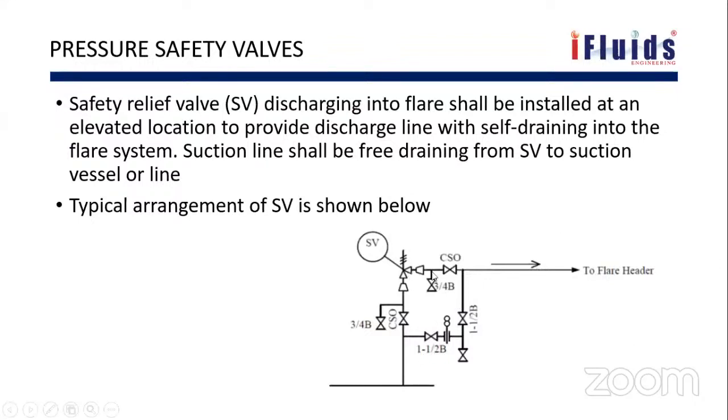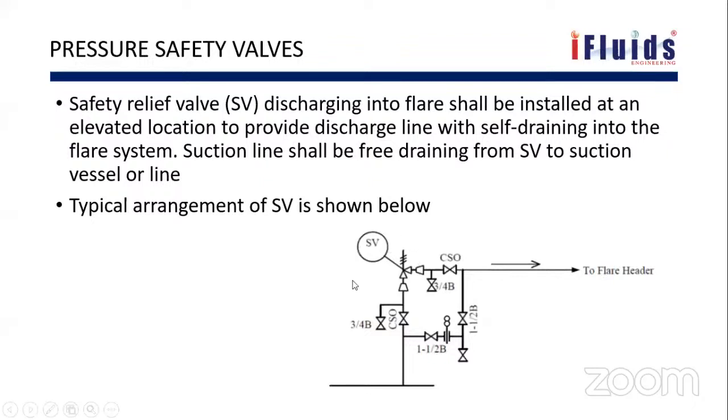Once it pops up, this PSV should be at the highest point. The outlet should come down. If it is going up and there is any liquid, there will be a backup and that will add additional back pressure to the PSV. So the discharge line should be freely drained to the header. The same is applicable for the suction line.